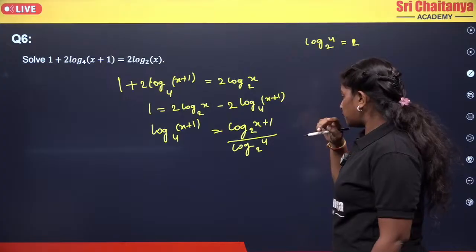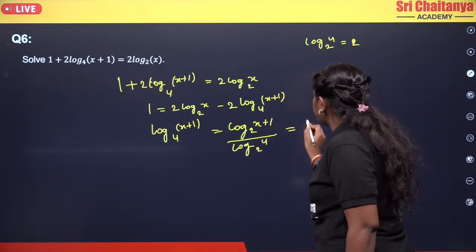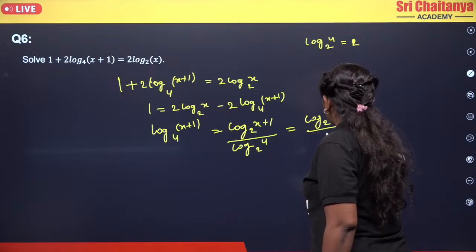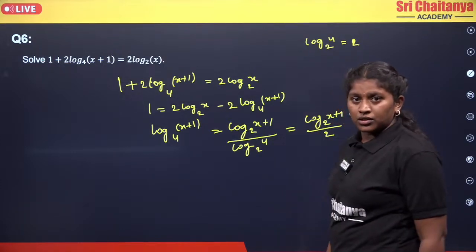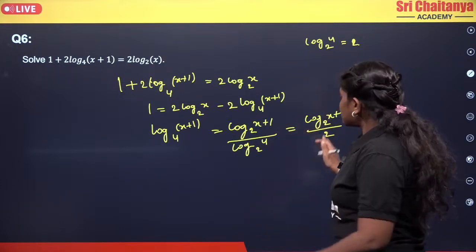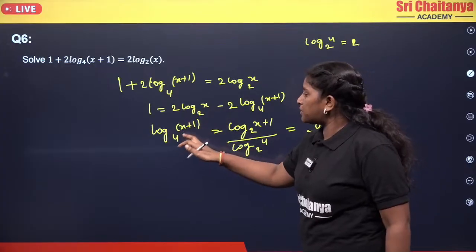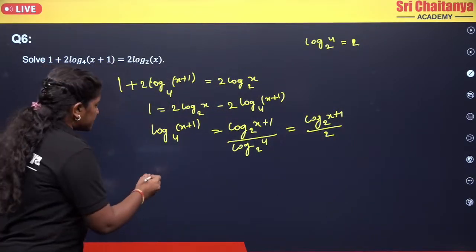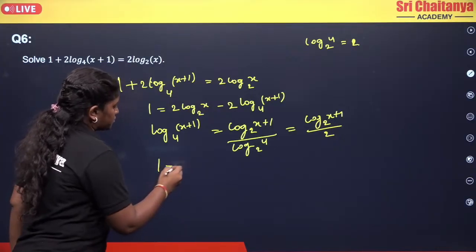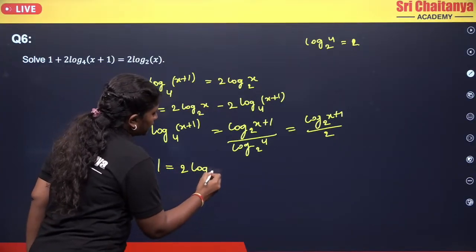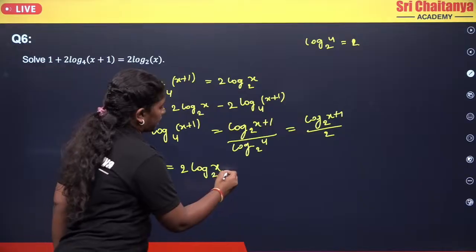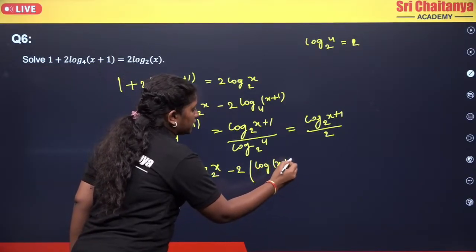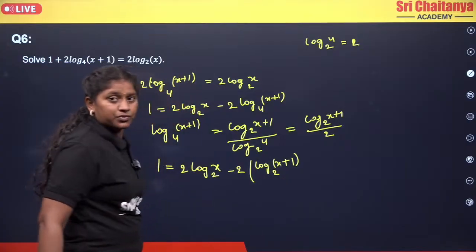So it will become log of x plus 1 to the base 2 by 2. Understood everyone? So this is how we get our log of x plus 1 to the base 4. So let's put the value. After placing the value, what we will get? 1 equals 2 into log x to the base 2 minus 2 into log of x plus 1 to the base 2.